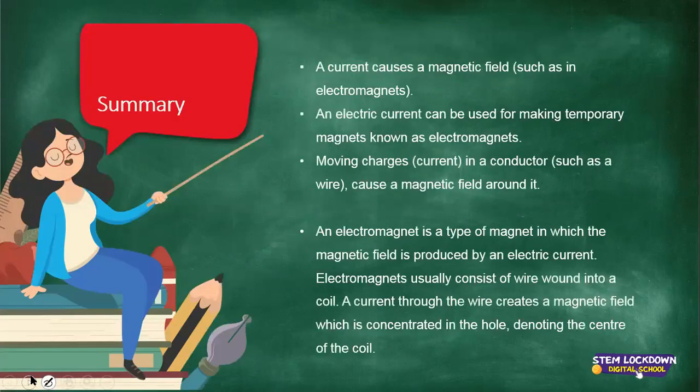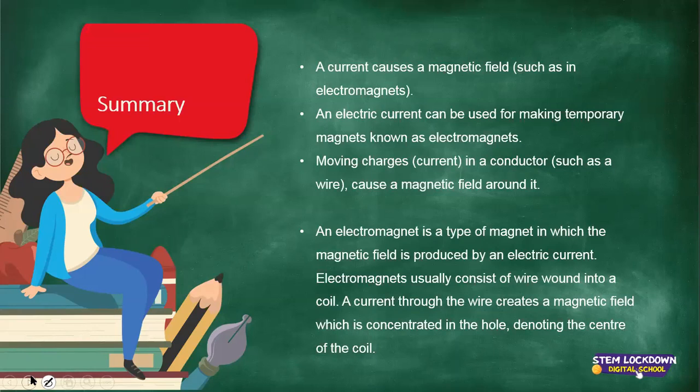Okay, so now let's summarize what we've learned so far. You've learned that a current causes a magnetic field, such as an electromagnet. So now you know that when a current causes a magnetic field, it is called an electromagnet. An electric current can be used for making temporary magnets.